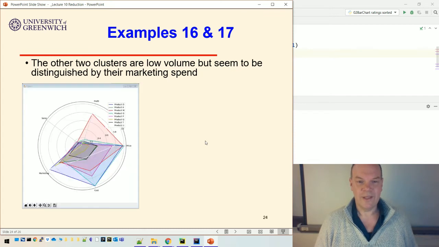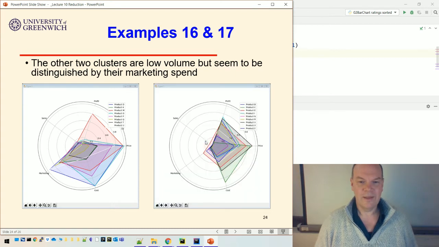What about the other two clusters? Well, if we drew overlaid plots for them, they seem to be distinguished by... What you're looking for is sort of consistency along one of the spokes. So if you look at cost, there can be any cost along here, and there could be any cost along here. So cost isn't really a driving factor.